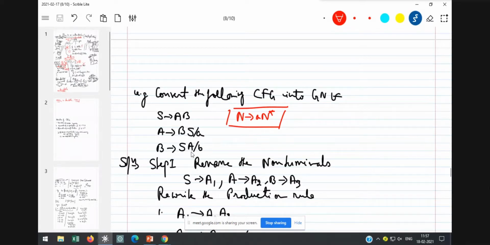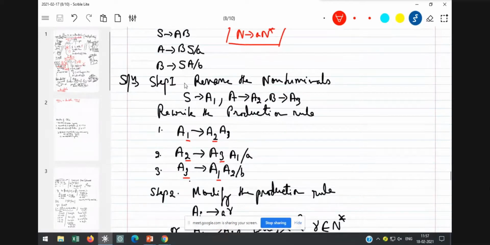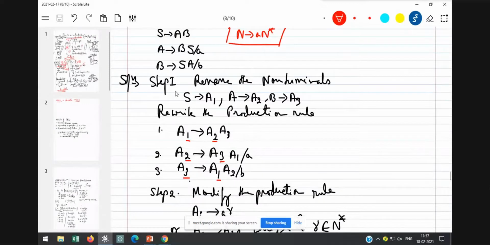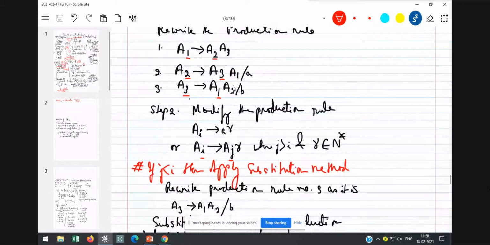This is in CNF form. Hence, I follow step number 1 for conversion to GNF. In step 1, whatever non-terminals are present in the given CFG, I renamed them with subscripts A1, A2, A3. After renaming, I rewrote the production rules.